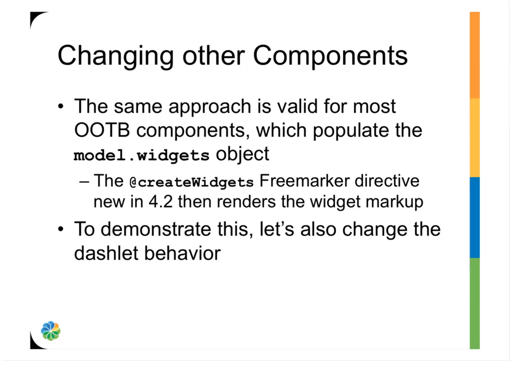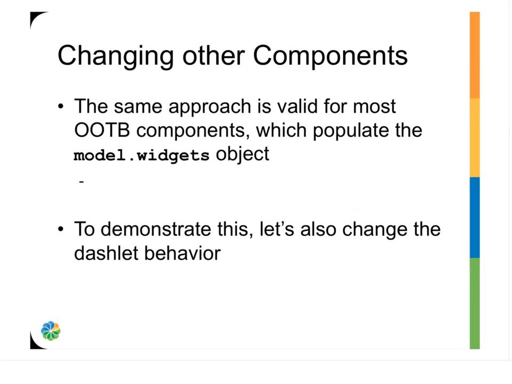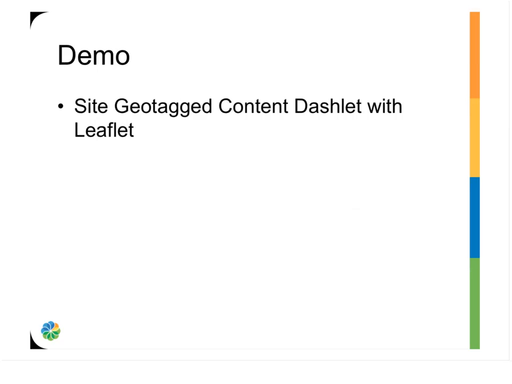So I'm going to demonstrate this using the dashlet that I showed earlier. I'm not going to dive into the code for this. It's fairly similar to the code that we saw a minute ago. I'm going to share my screen again.